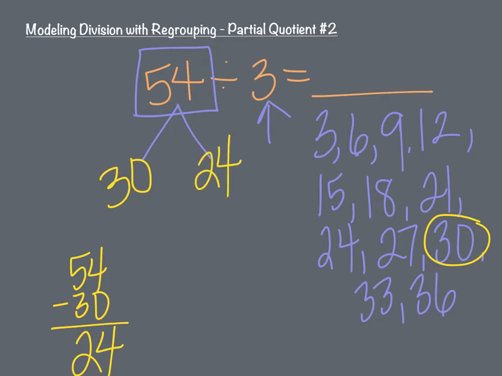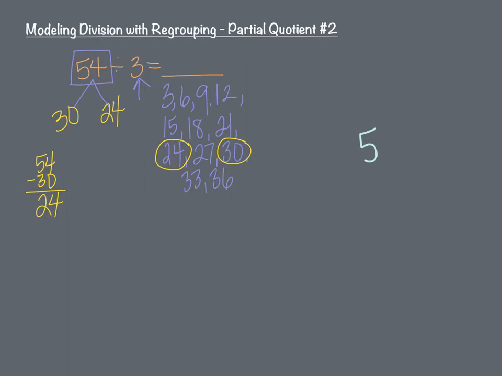So when I broke 54 into 30 and 24, does 3 go into 24? Yes, it absolutely does. Look, it's right there. Okay, so let's show our work. Let's rewrite this. 54 divided by 3.